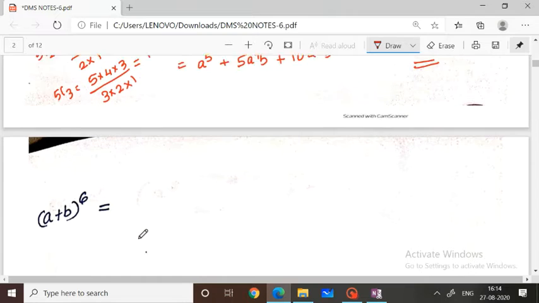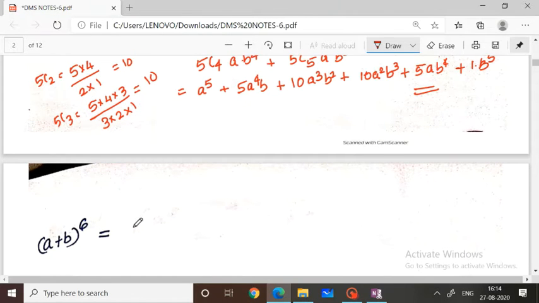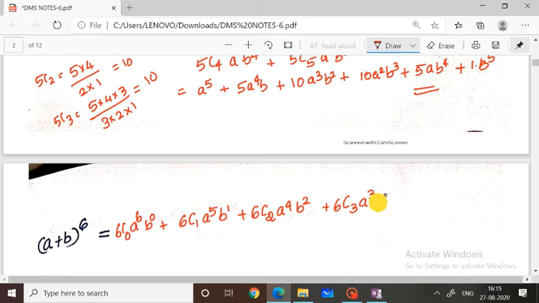Try to do this: a plus b whole raised to 6 is 6c0 into a raised to 6 b raised to 0 plus 6c1 into a raised to 5 b raised to 1 plus 6c2 a raised to 4 b square plus 6c3 a cube into b cube plus 6c4 a square into b raised to 4 plus 6c5 into a raised to 1 b raised to 5 plus 6c6 into a raised to 0 b raised to 6.